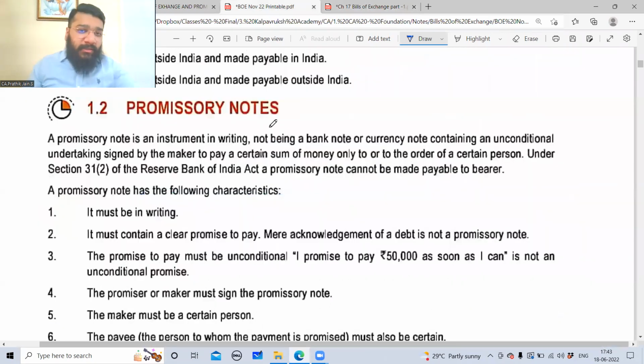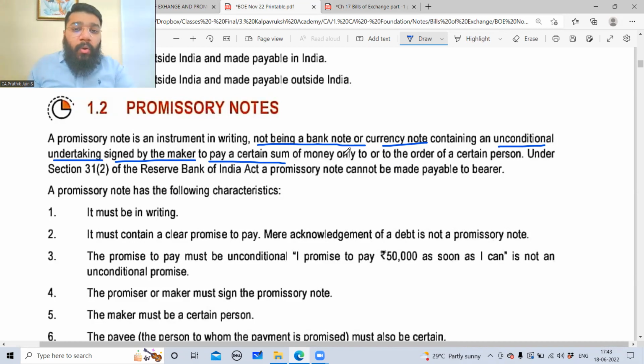Now look at this. A promissory note is an instrument in writing, not being a banknote. A promissory note cannot be in form of banknote or a currency note. It should have an unconditional undertaking that I undertake to pay voluntarily so and so amount, signed by the maker, that is the customer, to pay certain sum, which means absolute, what is the amount he has to mention.